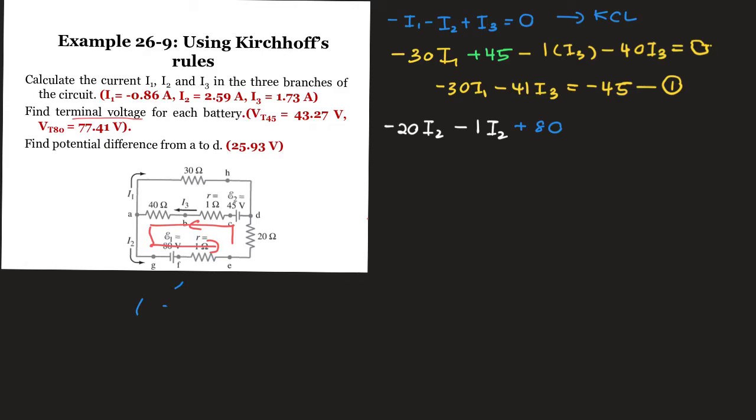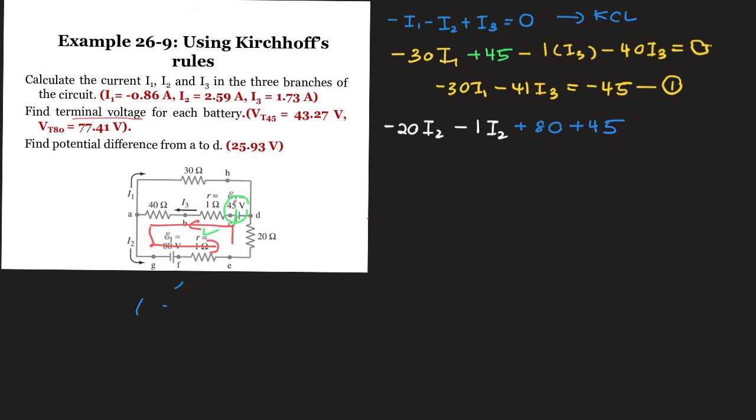The potential difference is going to move from lower to higher, based on our second loop here. Therefore, our equation here is going to be positive 45, moving from lower potential to higher potential.